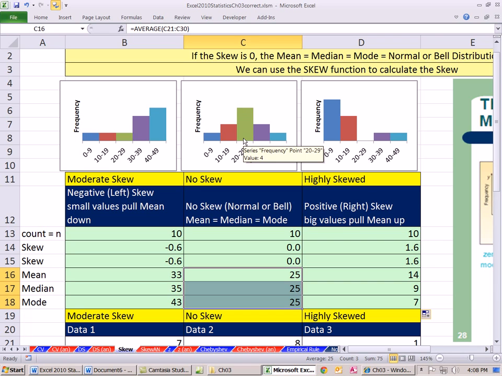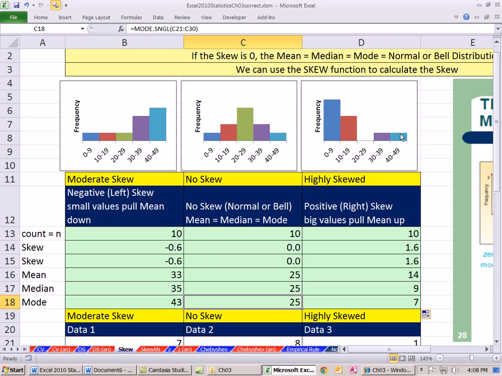What do we see here? The frequency is the highest here, so the mode is there, but also the median and the mean will all be right in this class here. That's the definition of a bell-shaped distribution. So skew is 0, and mean, median, and mode will be the same.